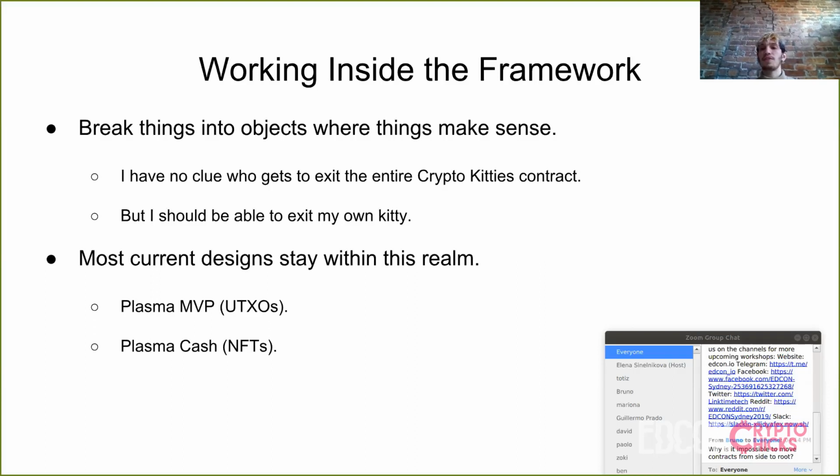The interesting thing with how Plasma Cash was designed is that every single Plasma Cash token is assigned a unique identifier. And that unique identifier tells you where in the tree of transactions, in every single block, for every single asset, you basically say, coin with the ID of 0 was either spent or not spent, and then coin with the ID of 1 was either spent or it wasn't spent, right?